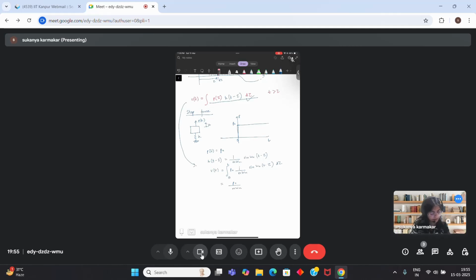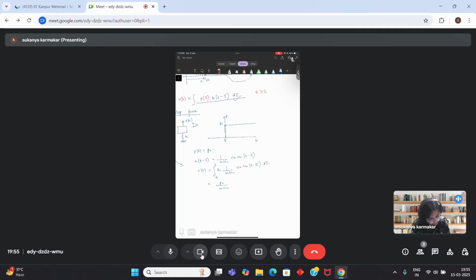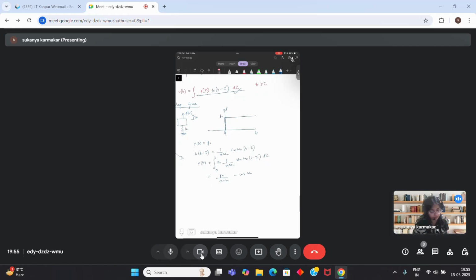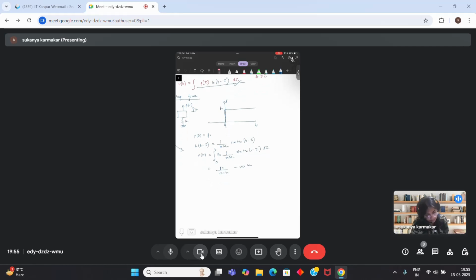Integration of sine is minus cos. Now, here you will have to do a substitution, since you cannot directly integrate it.